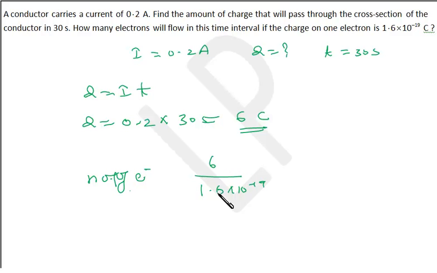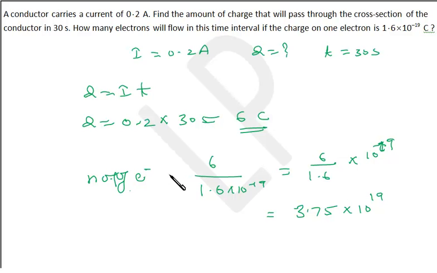The total charge divided by the charge of a single electron. So it's 6 upon 1.6 into 10 raised to power minus 19. Or we can say 6 divided by 1.6 will be 3.75 into 10 raised to power 19 electrons, right?